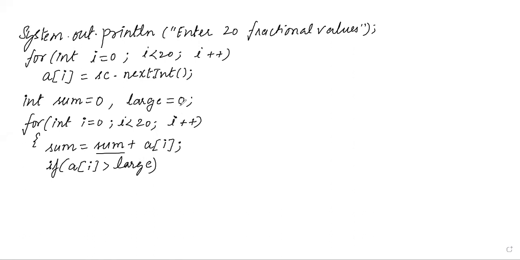For example, large is having 0 and the first value, I is 0 at the first time. So the first value is such as 3 or 3.5, which is greater. So what you have to do, you have to assign that a of I to the variable large. In this way, simply you can initialize and the largest value will come in the variable large.